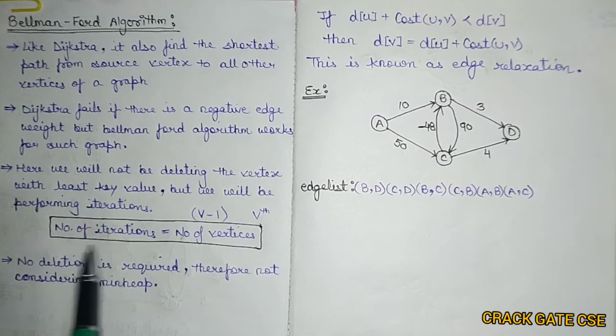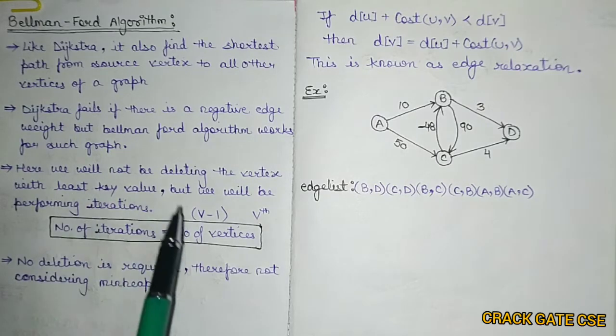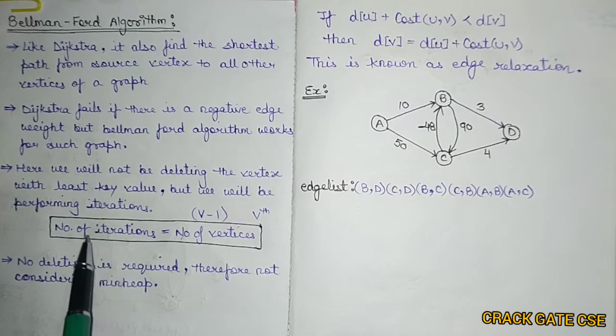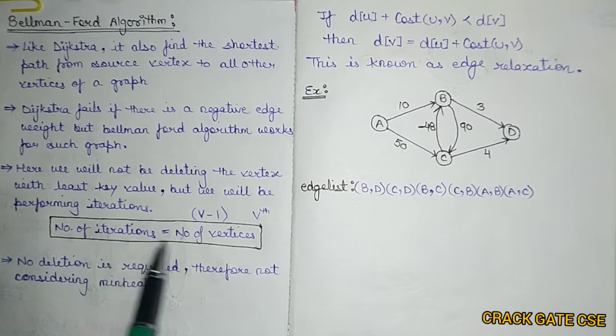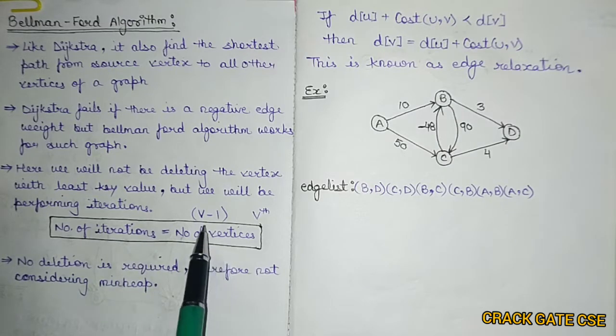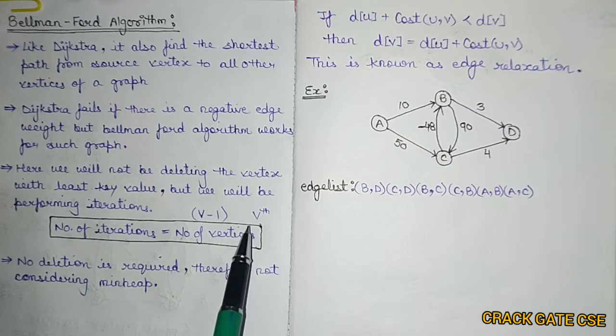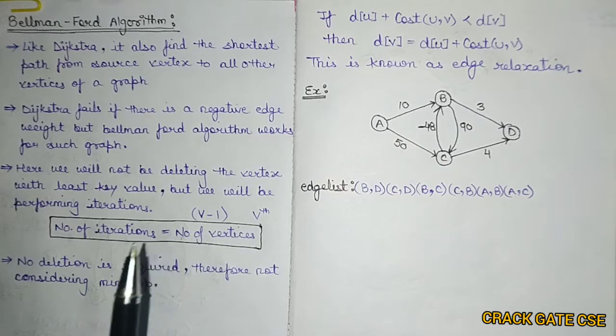What kind of iteration? In each iteration we will perform the decrease key operation, or edge relaxation. How many times do we have to perform that iteration? The number of iterations has to be equal to the number of vertices. The number of vertices is given as V, so actually we perform V minus 1 iterations, but the Vth iteration we perform to check the correctness of the answer.